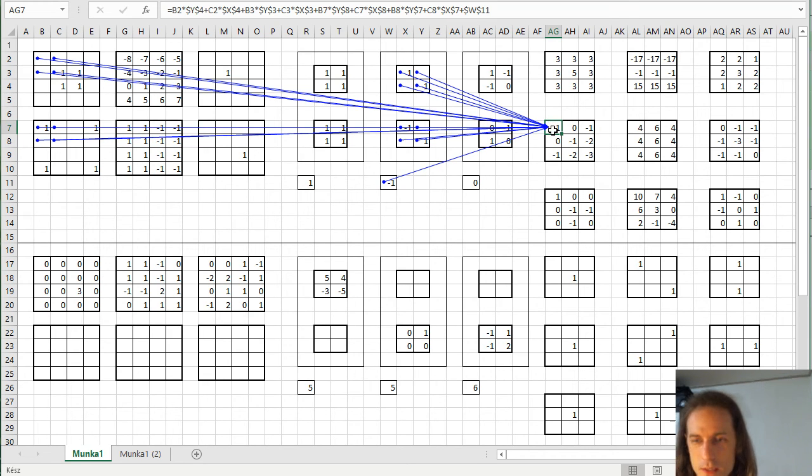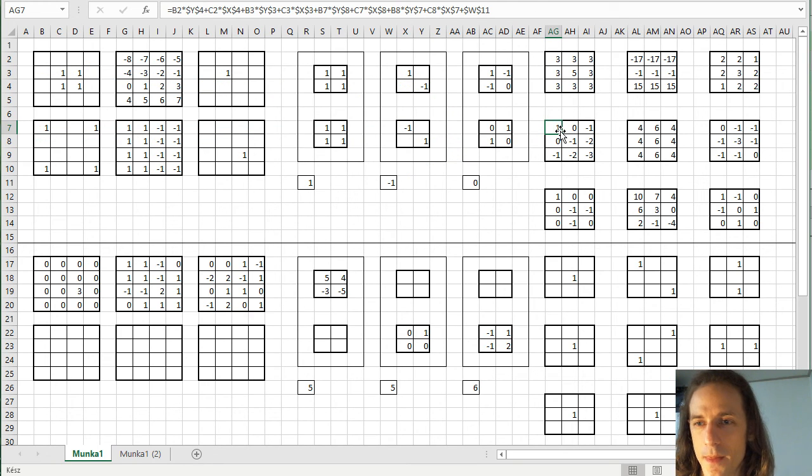It's kind of hard to see, but this one comes from this and this. So this one is multiplied by this, and this one multiplied by this results in this one here.